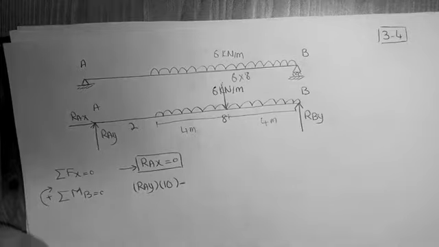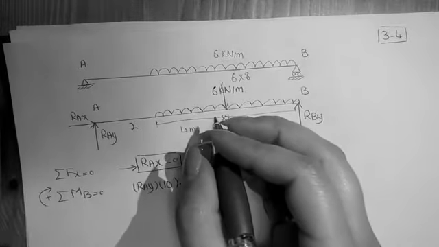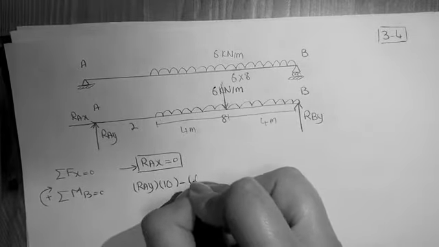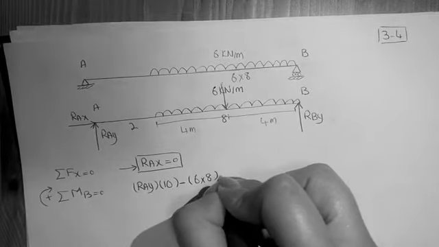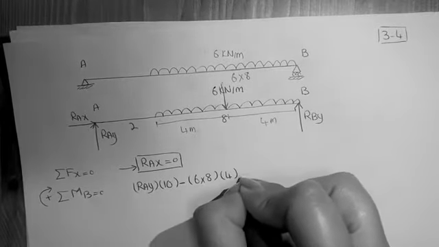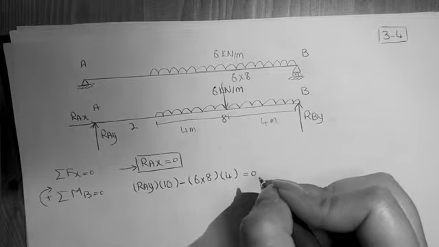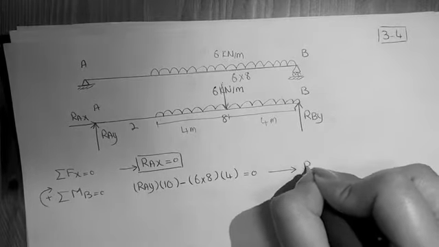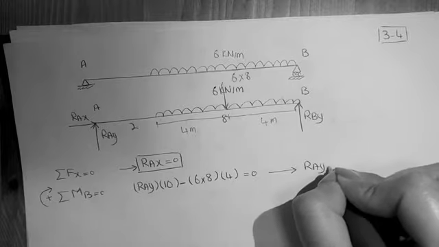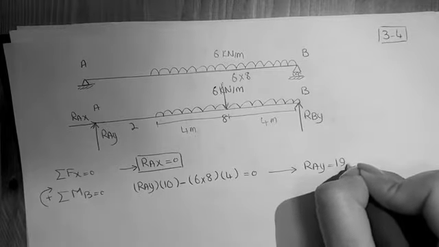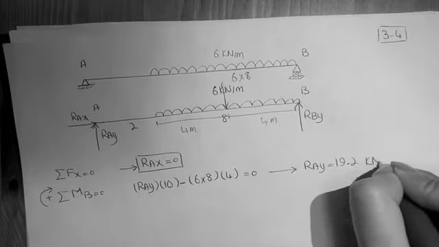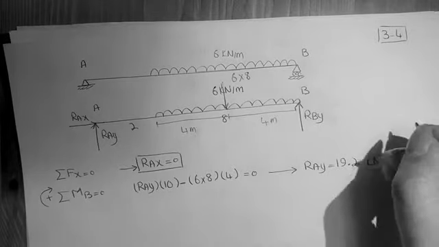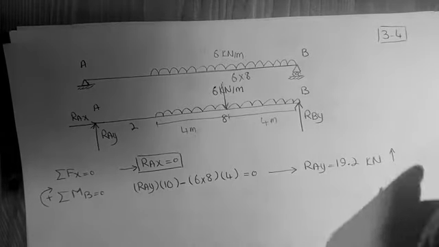So the moment it creates is equal to 6 times 8 times 4, and it is equal to 0. This gives us RAY equals 19.2 kilonewtons, and it is upwards.